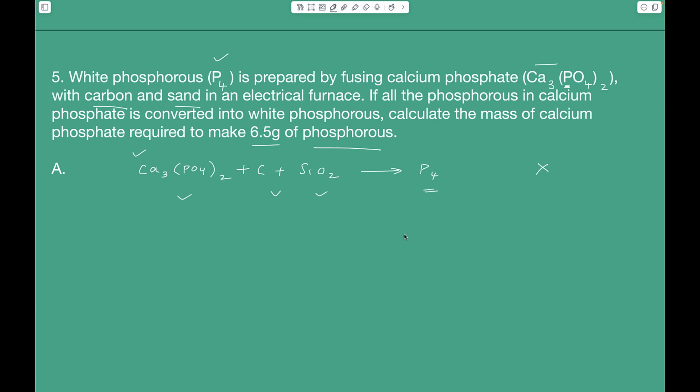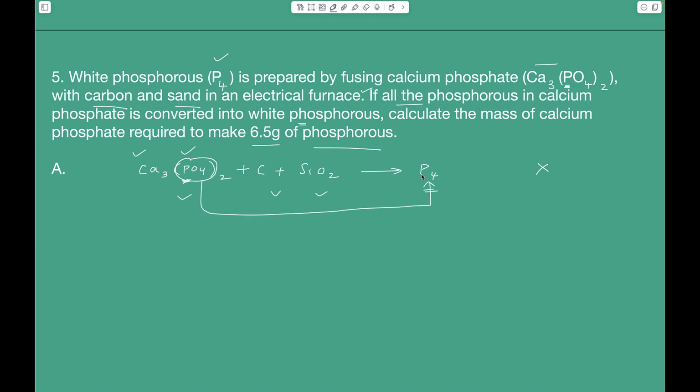How can I do that? Now there is a clue in the question, that is, if all the phosphorus in calcium phosphate is converted into white phosphorus. See, on the reactant side, this is the only compound that has phosphorus, and the question says that all the phosphorus present here is getting converted into white phosphorus.